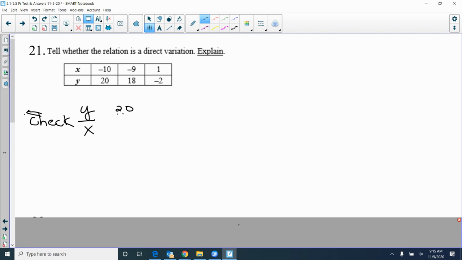So 20 divided by -10 is -2. 18 divided by -9 is -2. And -2 divided by 1 is -2. That means it's direct variation, and that means your k value is -2. So yes, that is direct variation.